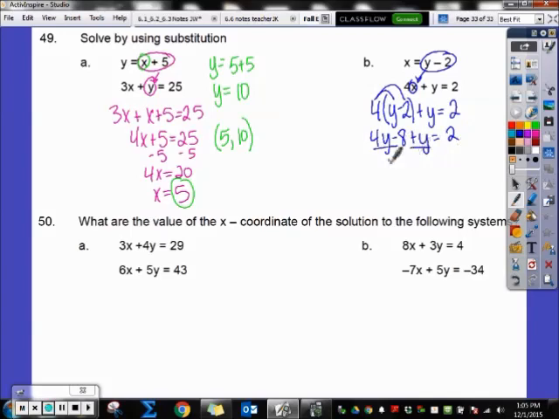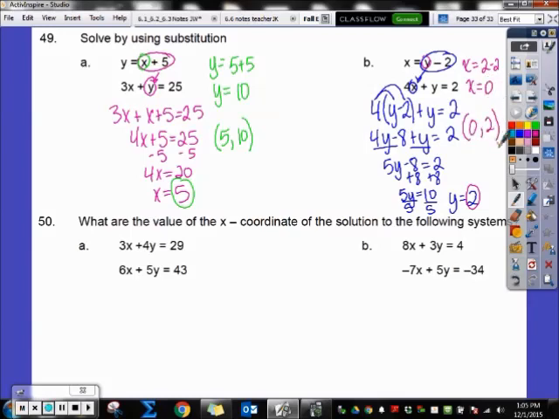So 5y minus 8 equals 2. 5y equals 10. Y is 2, and then we're just going to plug back in to find what x is. So x equals 2 minus 2, so x is 0. So our ordered pair would be 0, 2.